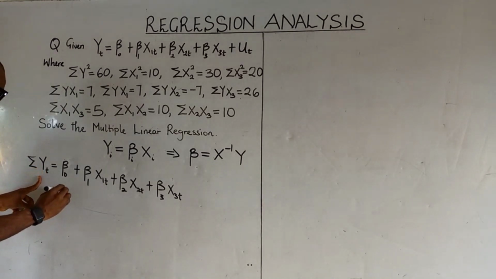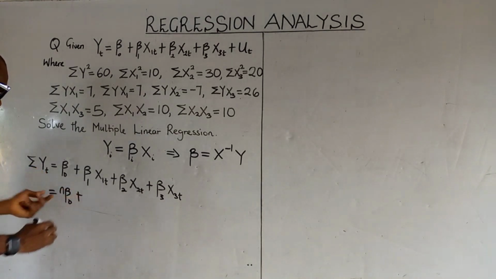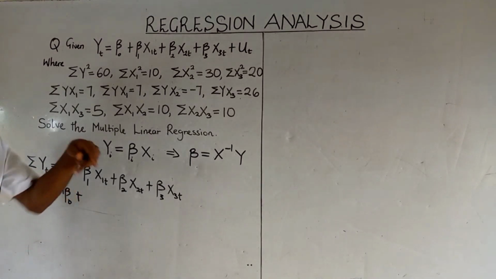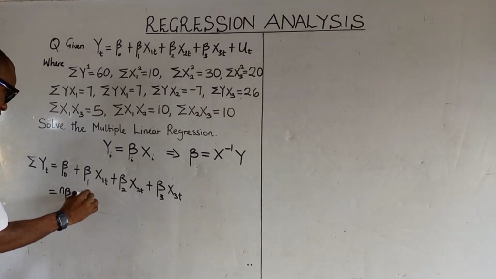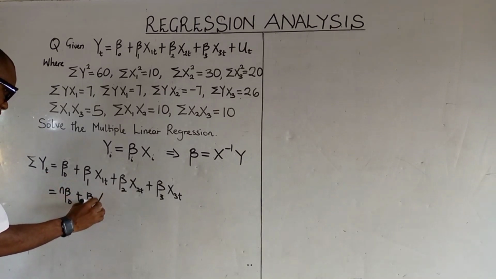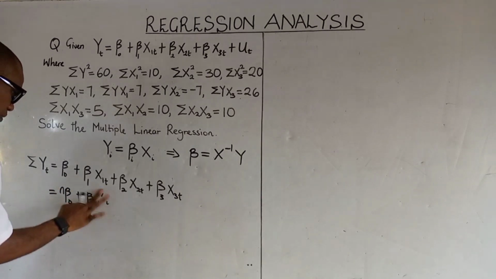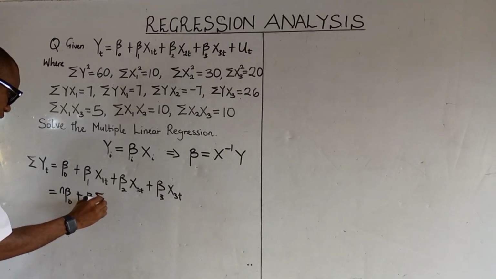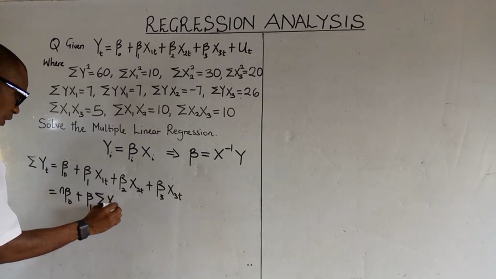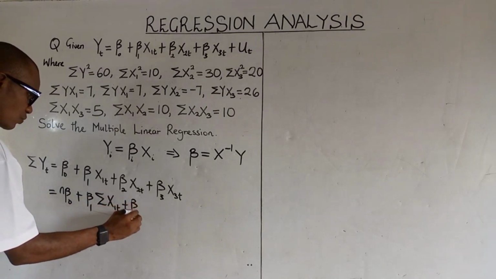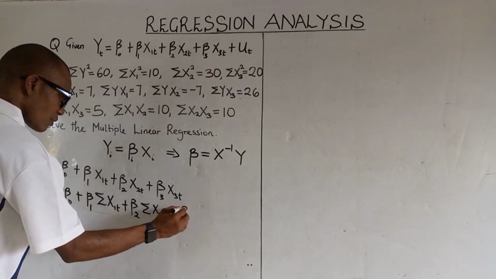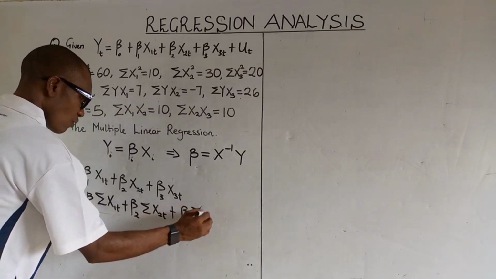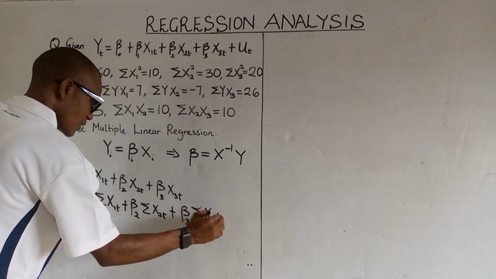So we have n b naught plus, because if you sum the constant, you get n times that constant. So you get plus b1 summation of x1t plus b2 summation of x2t plus b3 summation of x3t.